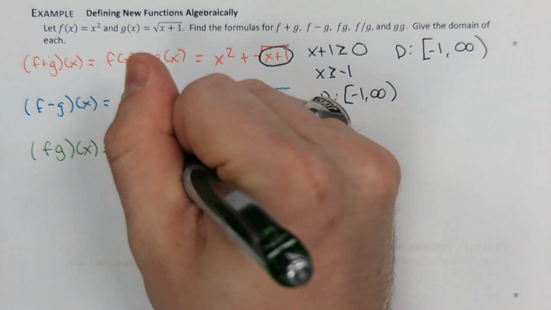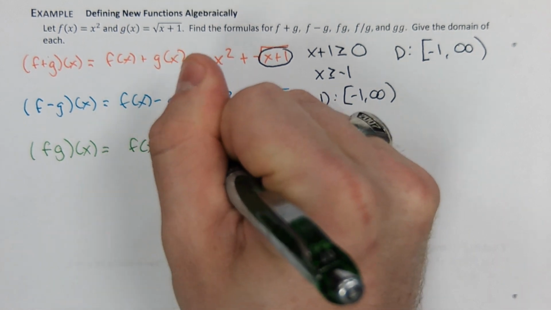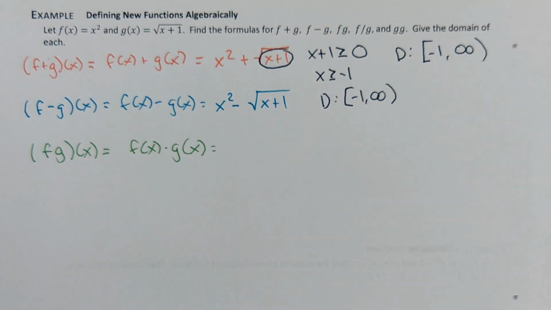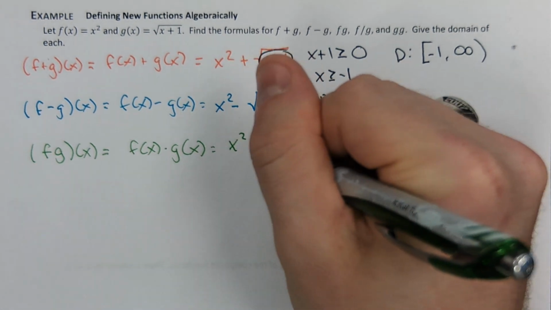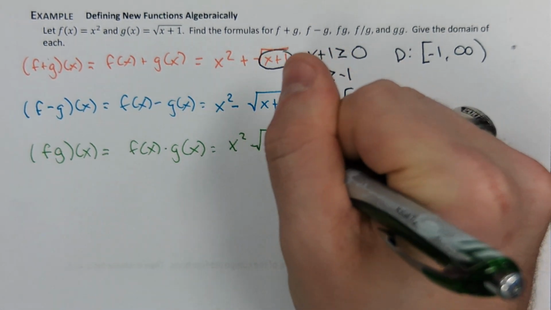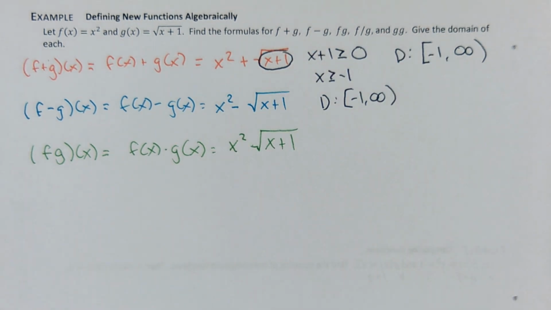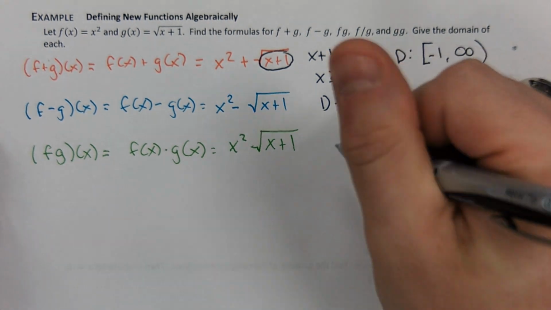That means your function f of x times your function g of x. So our f of x is x squared times g of x, the square root of x plus 1, and look, you still can't take the square root of negative numbers in the real number system. So this thing's domain is still the same.